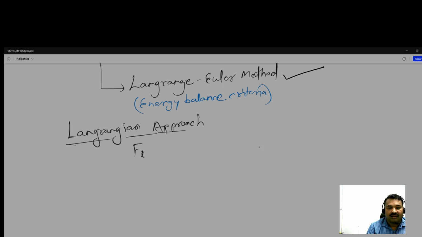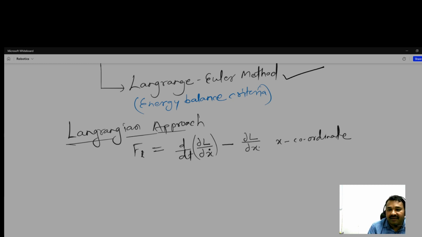Fi is equal to d by dt of del L divided by del x i dot, minus the partial differentiation of L with respect to x i. It is for the x coordinate. Similarly, one can write for the y coordinate. And what is i here? The number of joints.